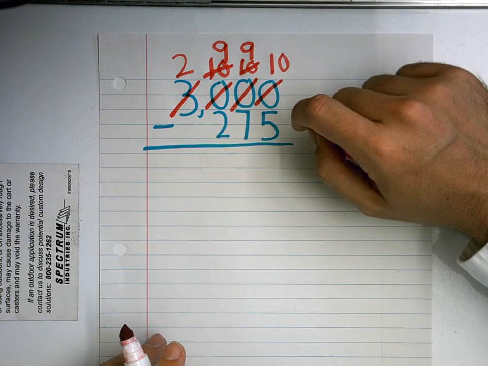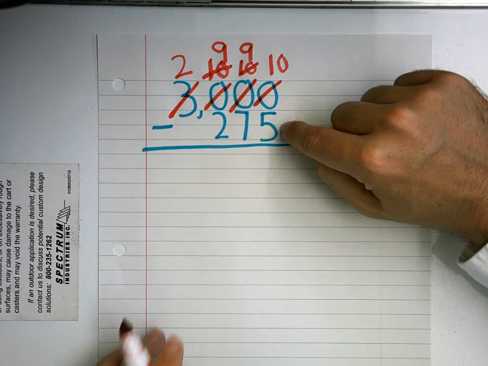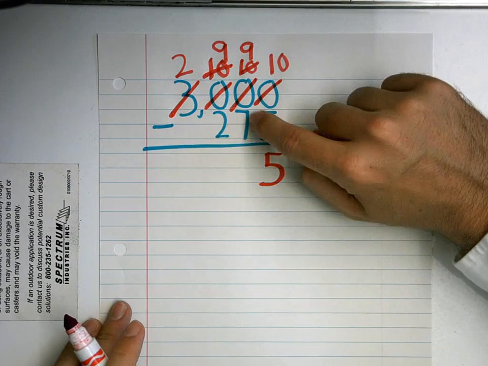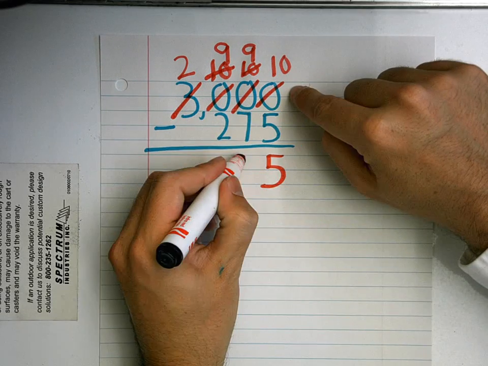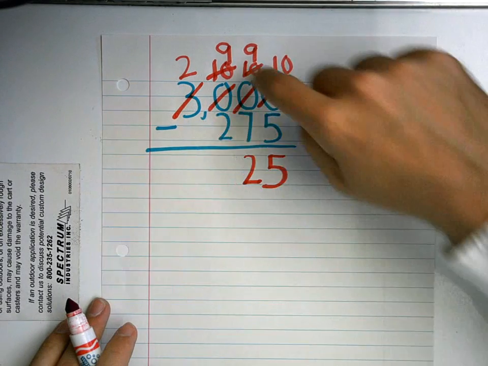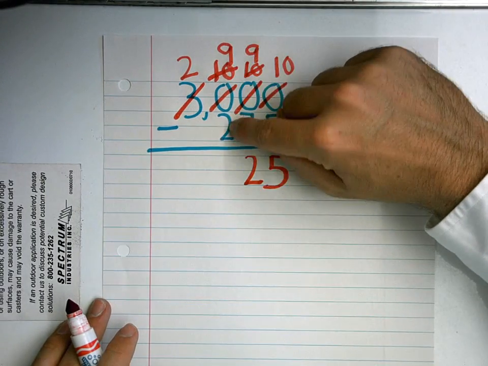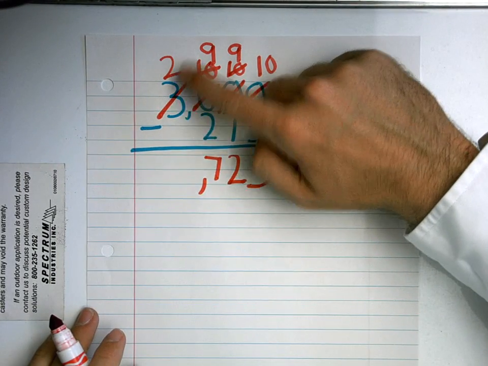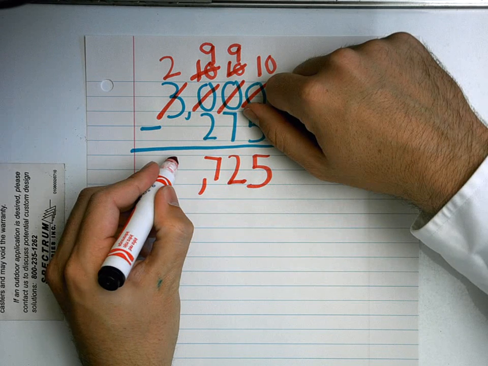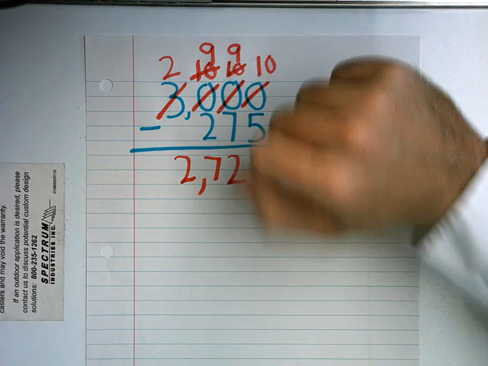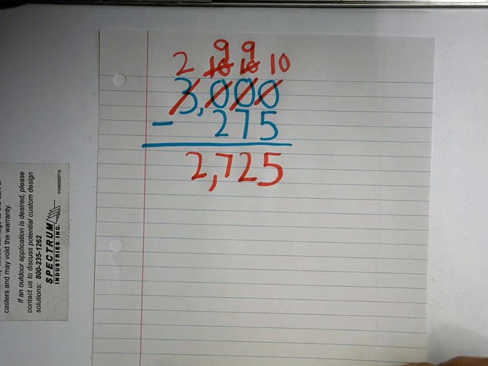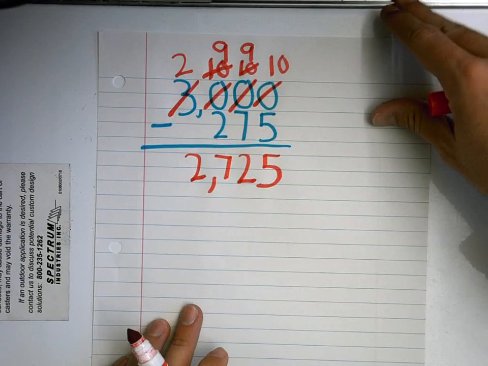Now I'm ready to subtract. 10 take away 5 is 5. 9 take away 7 is 2. 9 take away 2 is 7. 2 take away nothing is 2. 2,725.